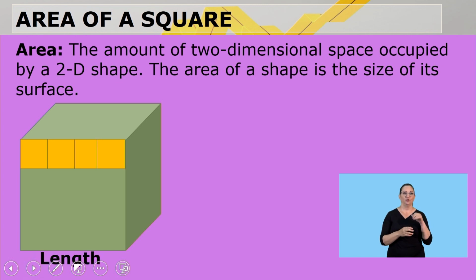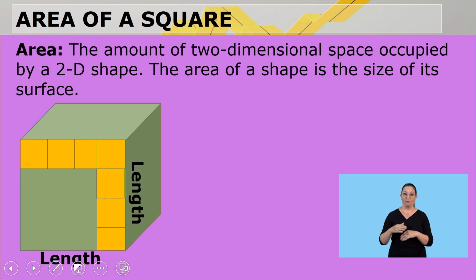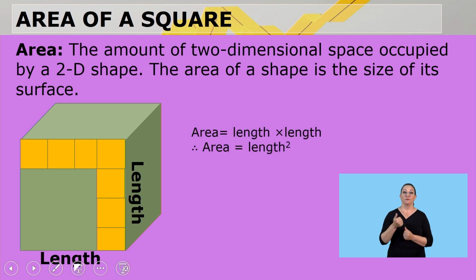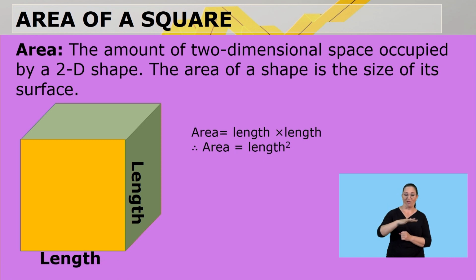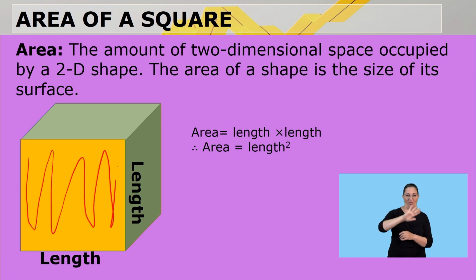There is the length, and then going down is another length, because remember, it is a square, all lengths are the same size. And then we are going to say, well, length times length is length to the power of 2, and that will give us the area covered. There we covered the area of the base.